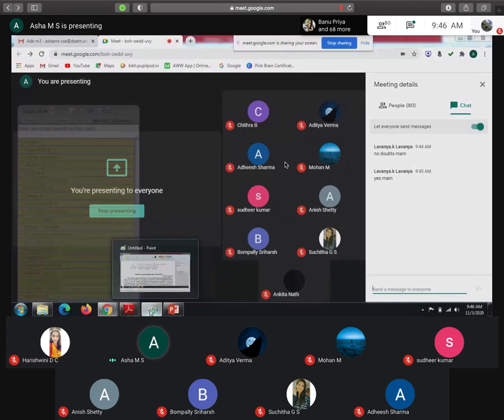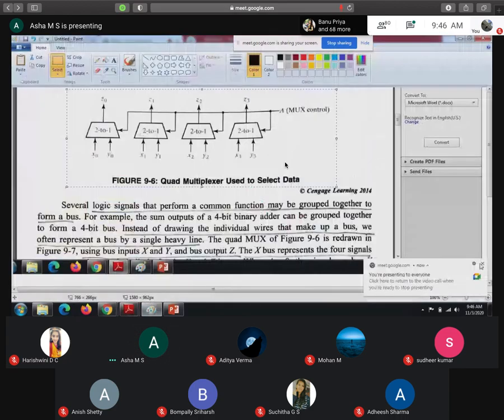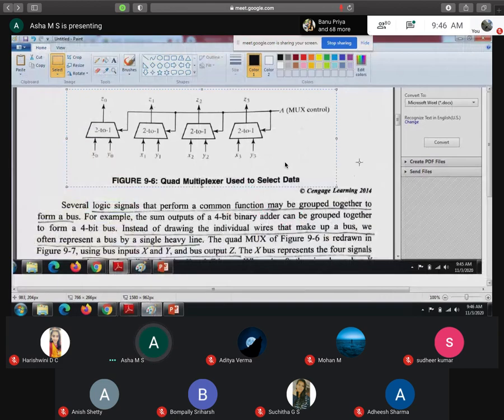Now look at this circuit. What did we do with this circuit? When a equal to 0, x0 will be reflected at z0, x1 at z1, x2 at z2, x3 at z3.